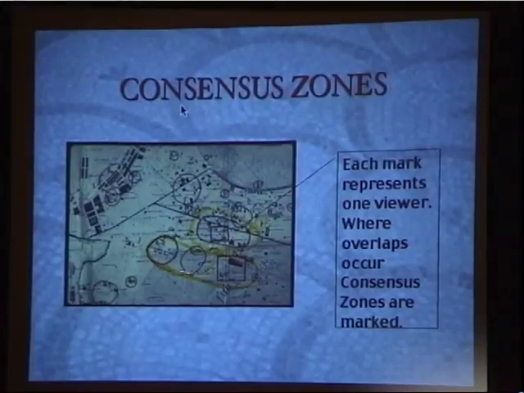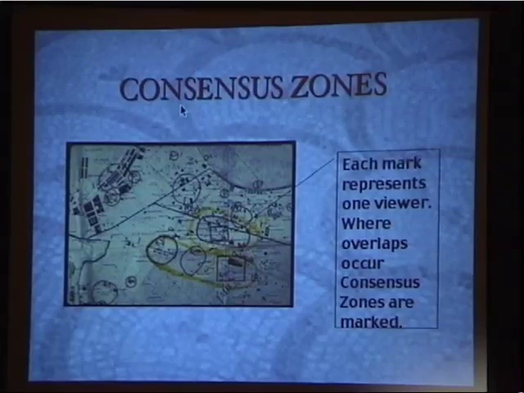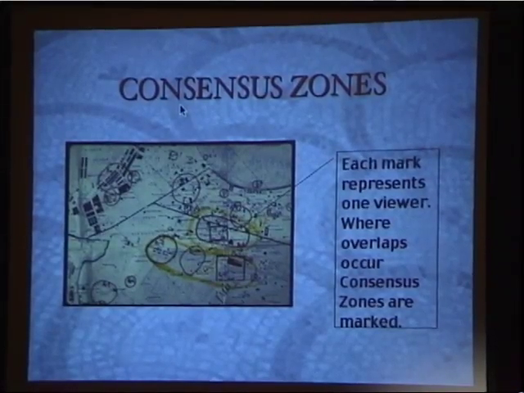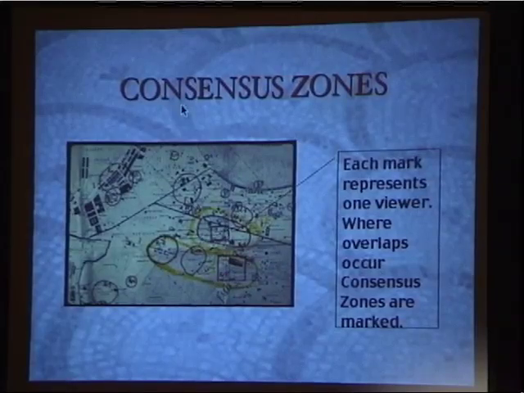My own view is that the use of language, the way remote viewers use it, is very important. So each mark represents them. Here's a close-up of the consensus zones. This is the map of Alexandria, Egypt. This was a British Army chart that we were able to obtain. Now I would use satellite photographs with global positioning marks, but that wasn't available then.